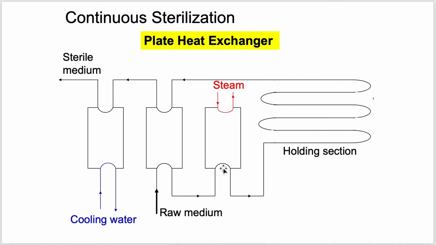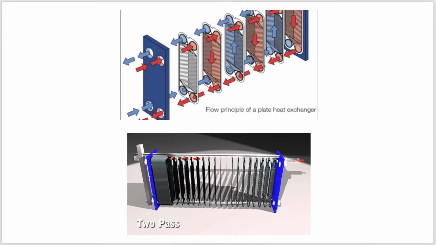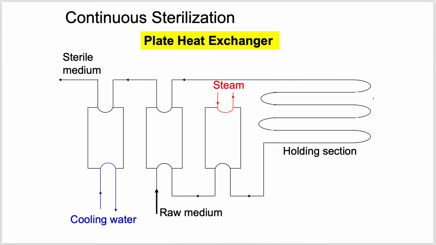After they get sterilized by the heat of the steam, we hold it, and we achieve this holding by designing the plate exchanger in a way that for the desired time the raw media is exposed to the desired temperature. Then, when sterilization is done, the media leave, and this sterile media is still hot, so we can use this hot media to preheat the raw media.